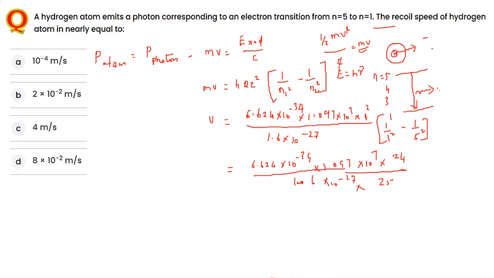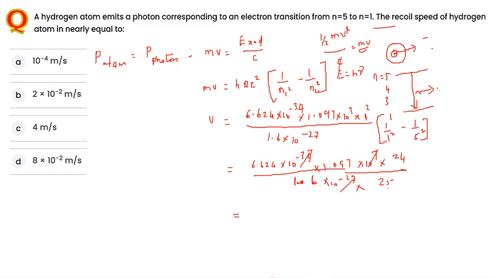Once you simplify this, you cancel the 1.6, and you can cancel the powers 27 and 34, leaving a power of 34 minus 27 to cancel. Then you have 24 divided by 25 and 1.6.